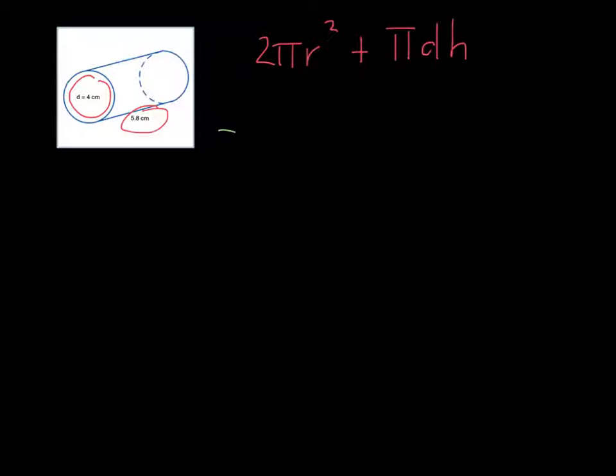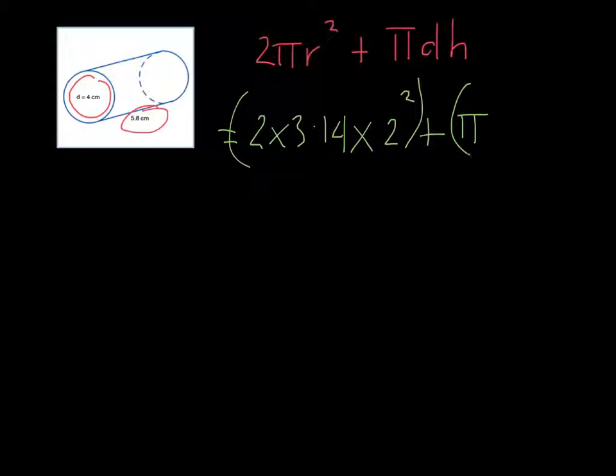For the circular ones, 2 times pi, which is 3.14, times our radius squared, that is 2 squared, plus, put that in brackets, pi times the diameter, which is 4, times the height, which is 5.8.